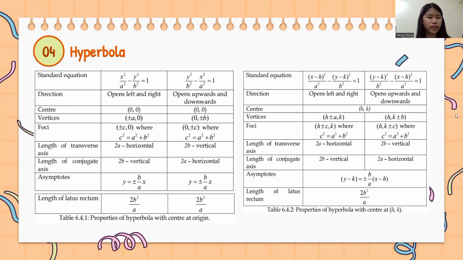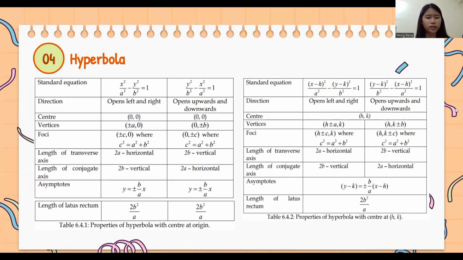And the last one is the general equation for hyperbola. It has the same situation as the ellipse. So we will use these equations to solve the problems that we will present after this.